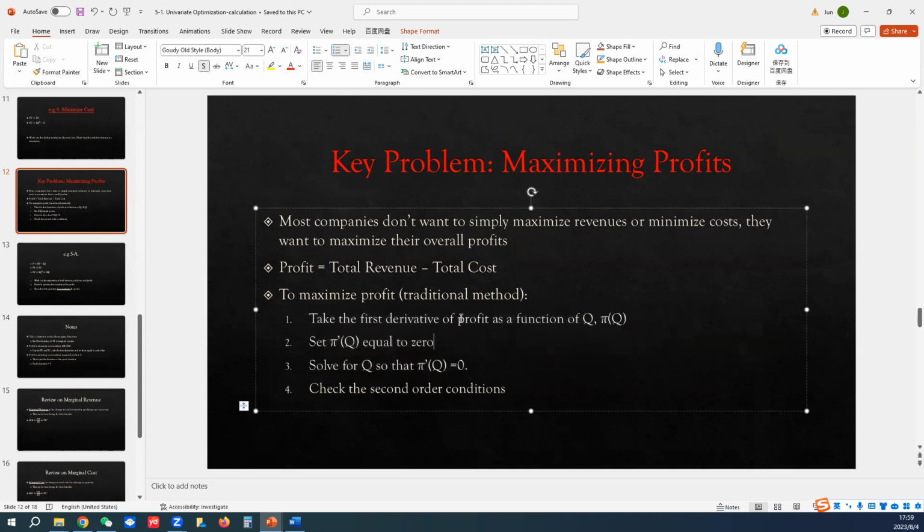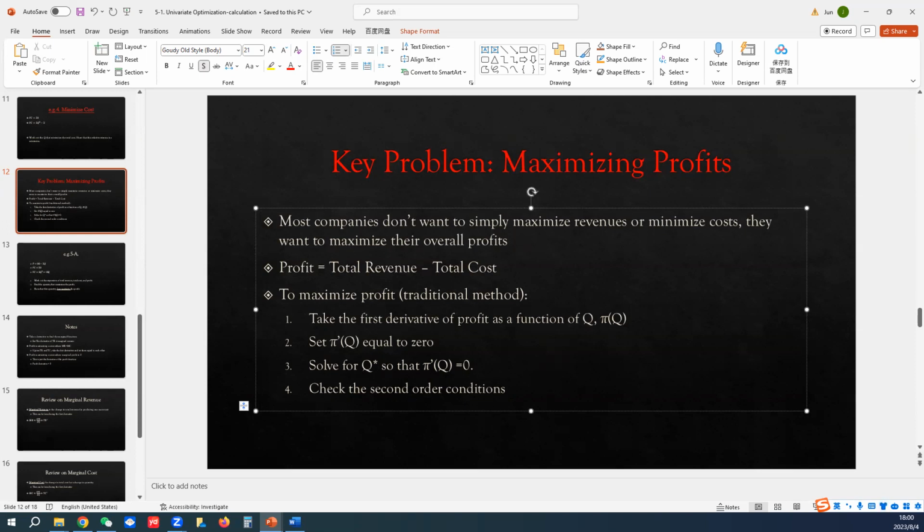So we take the first order derivative of profit as a function of Q, and the profit is noted as pi. Then we set pi prime Q equal to 0. That is actually the marginal profit equal to 0. Eventually we solve for Q star, so that pi prime Q equals 0. So the first 3 steps are to solve for the first order conditions, right?